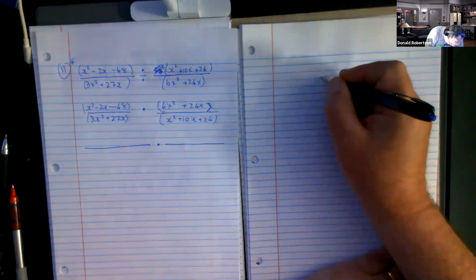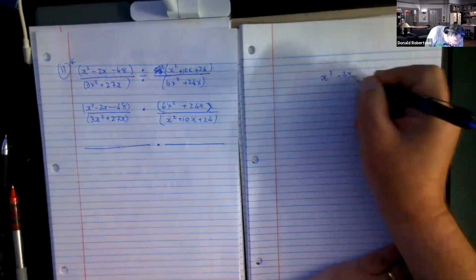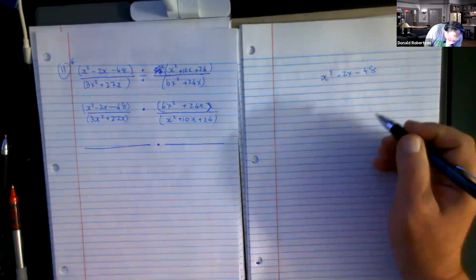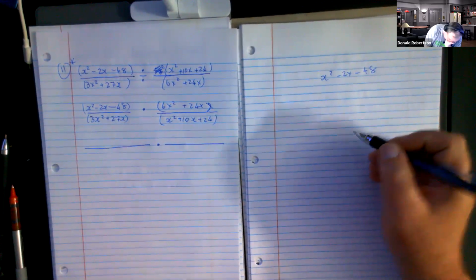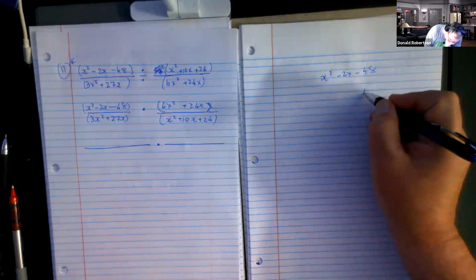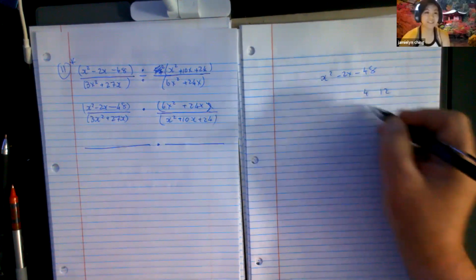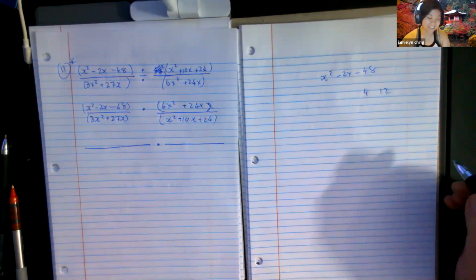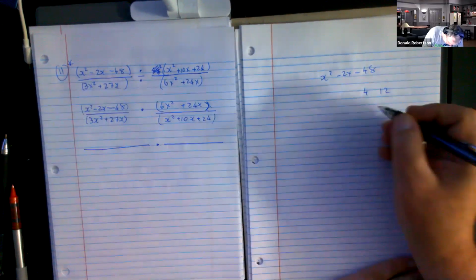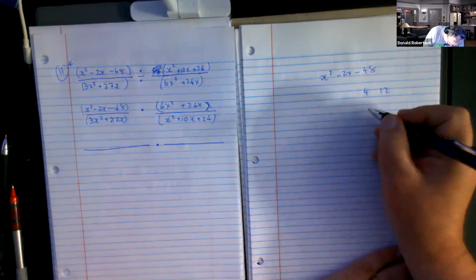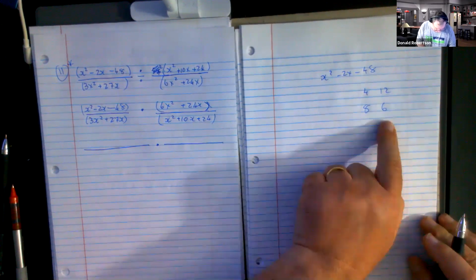And there is nothing wrong with getting a bit of scrap paper, like I'm doing right now, and just playing about with some numbers. Right, so I might say to myself, well, 4 times 12. Nah, that's not going to give me a difference of 2. Tell me who it is. 8 and 6. So you look at that and you say, okay, 8 and 6.